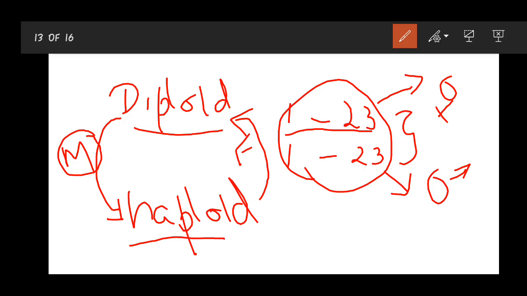The diploid organism produces sperm in a male and ova or the egg in a female. Both the ova and the sperm are haploid with 23 chromosomes. Meiosis in males results in haploid sperm, and meiosis in females results in haploid ova.